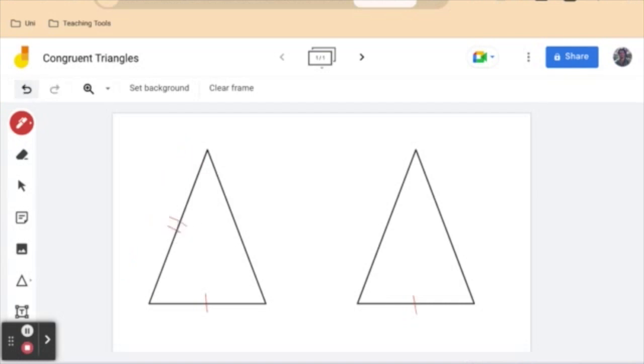So I'm going to mark that here using these lines to show that these two corresponding sides are equal. And once again, I would need to do the same for a third side. Two sides aren't enough to say that triangles are identical. We need all three sides to be the same.